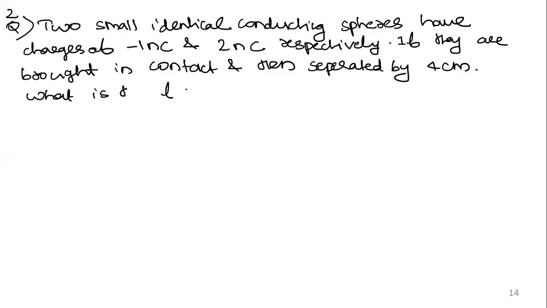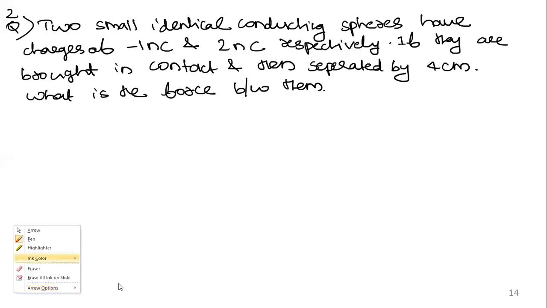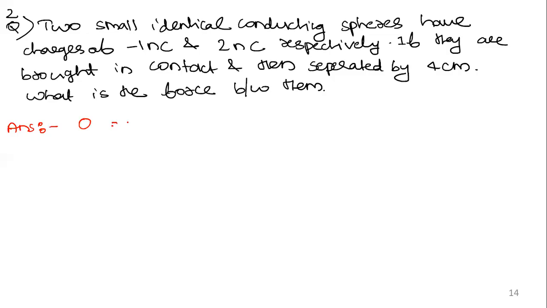Please try to do this. What is the force between them? So equations and all you know. Just try doing this. This is a very nice question. You can check your understanding. Actually, this checks your concentration. So you have Q1 is equal to -1 into 10 raised to -9 coulomb, Q2 is equal to 2 into 10 raised to -9 coulomb.